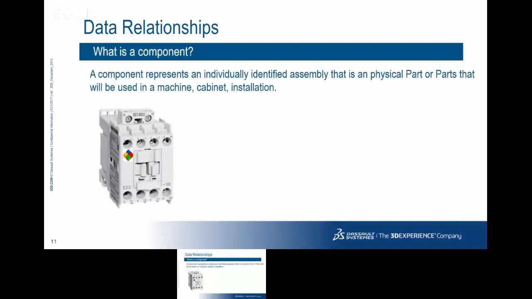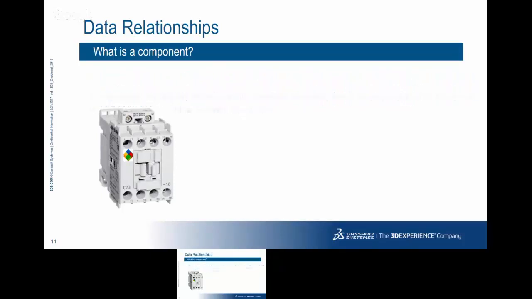A component represents individually identified assemblies, a physical part or parts that you will use between your machine, cabinet, or installation. When you create a component, it's in your bill of materials. But you can create a component that doesn't have a manufacturer part assigned to it, or doesn't have a symbol associated to it, or has both, or has none. It's up to you.